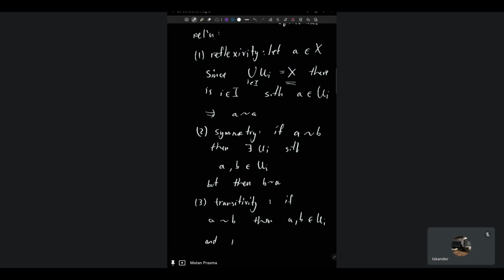And if b is equivalent to c, then b and c are elements in some U_j. But then b is an element in U_i and an element in U_j.